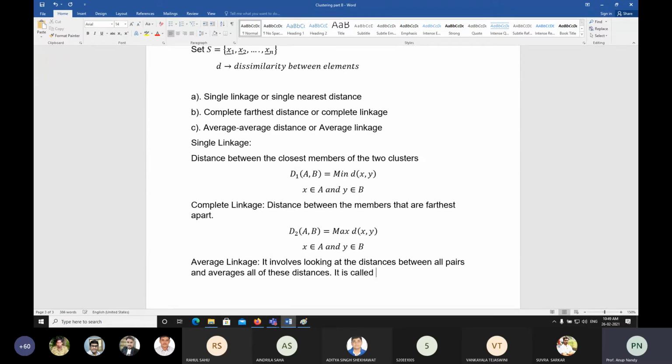It's called unweighted pair group mean average.